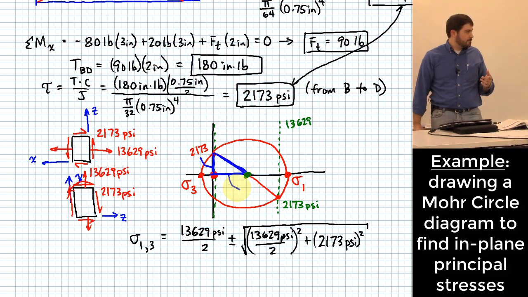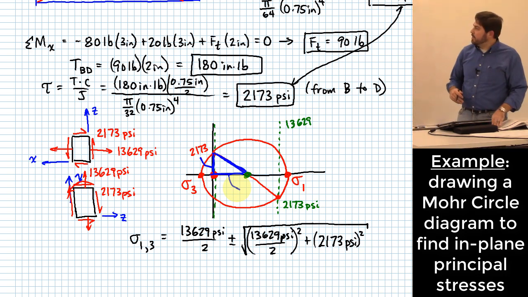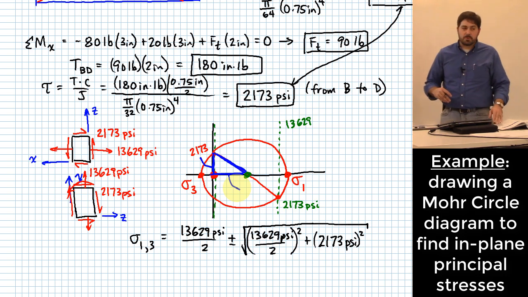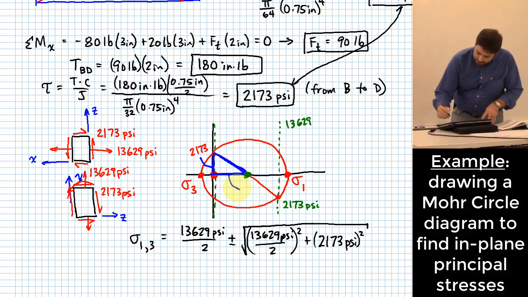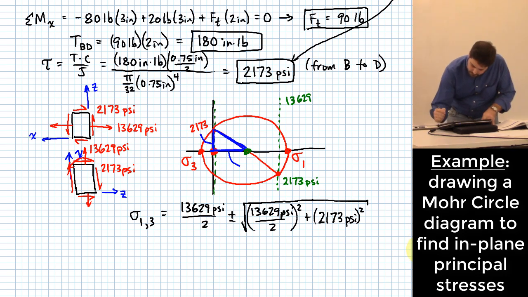So I don't even need to look up any formulas. I can just look at the geometry of Mohr circle, and I know what to do to find my principal stresses.